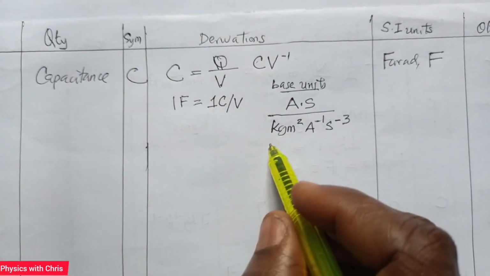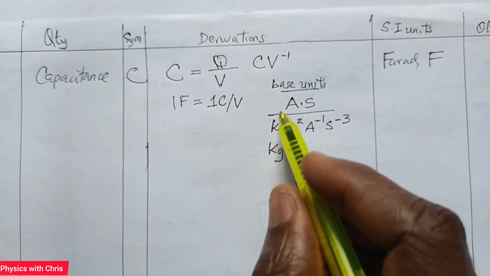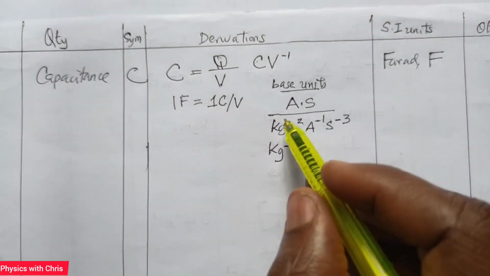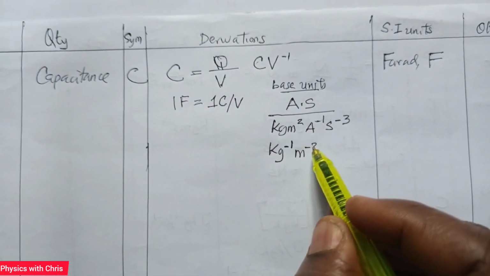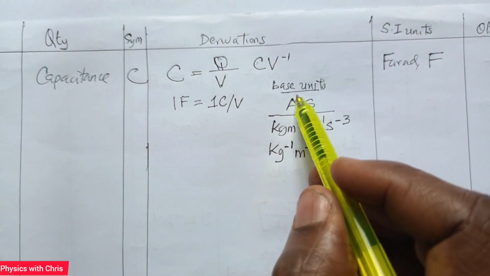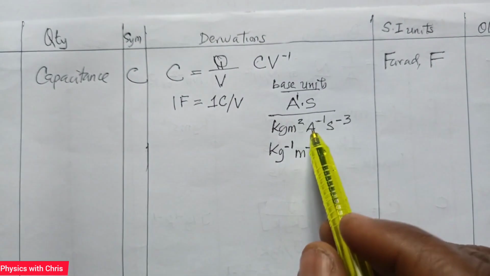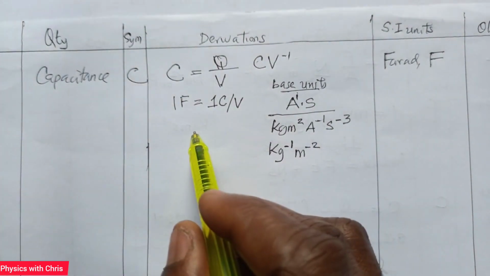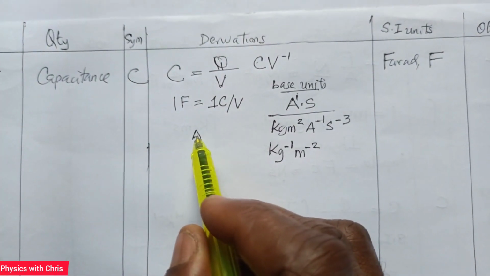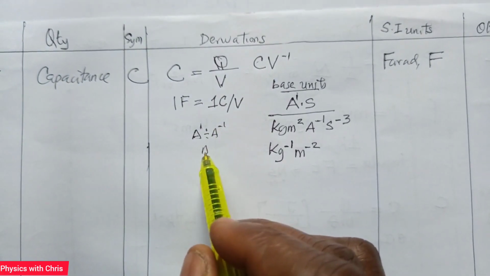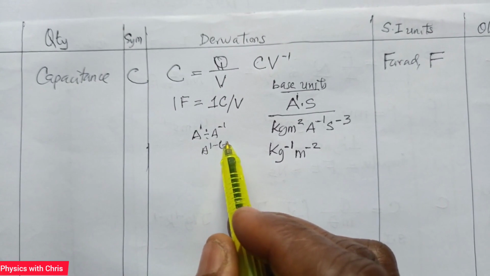So when I divide this by this, the kilogram goes up and becomes -1. That is the power, the superscript. The meter goes up and becomes -2. Now this ampere has a power of 1. This is A^1 divided by A^-1. When you apply the rule of indices to divide, I'm going to have A raised to 1 minus -1.